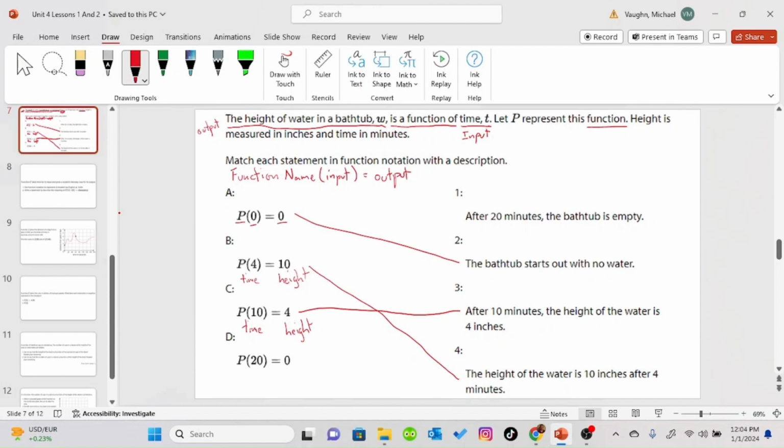And finally, our input is 20. That means a time of 20 and a height of 0, which matches number 1. After 20 minutes, the bathtub is empty. So D matches number 1.